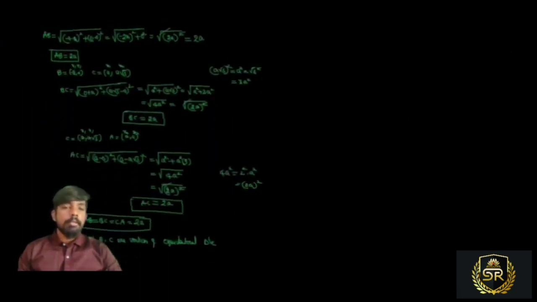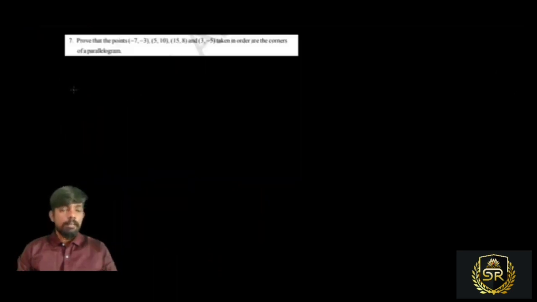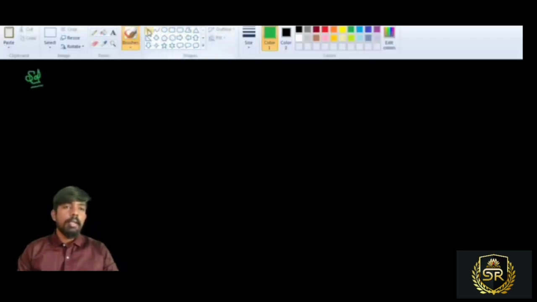Now the next type of problem we will do. Here, prove that the points taken in order are the corners of a parallelogram. He is asking to prove a parallelogram.